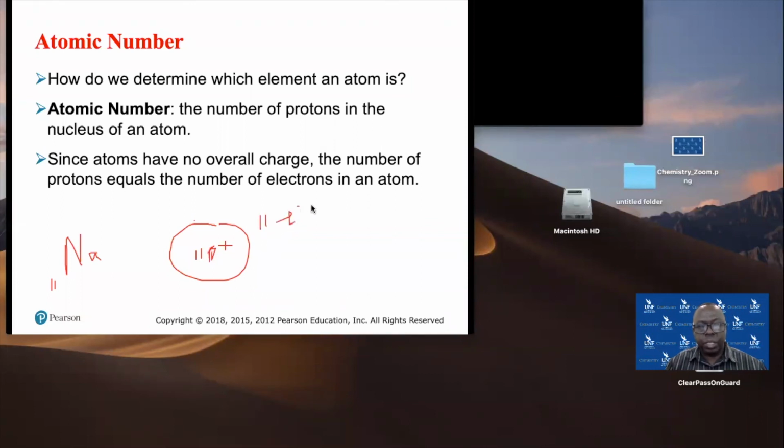This is a neutral atom, which means no overall charge. We're going to talk about ions, or charged particles, down the line. Bear in mind that a neutral atom has an equal number of protons and electrons.